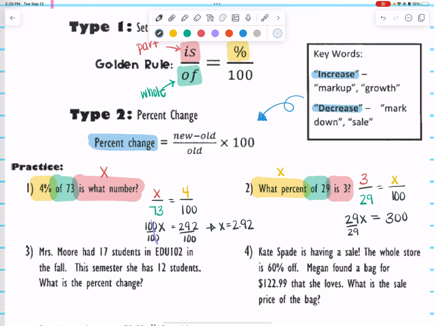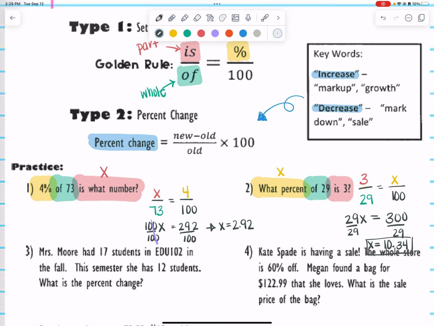Divide by 29, divide by 29. And I get x equals, I'm going to round to 2 decimals. It doesn't say specifically, but I'm just going to round to 2. 10.34.